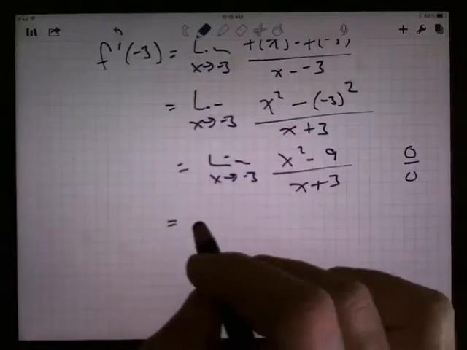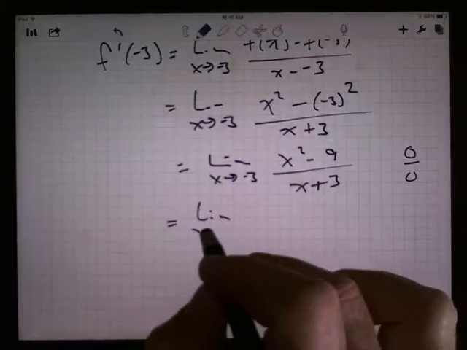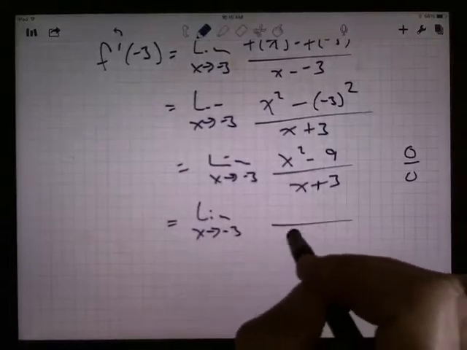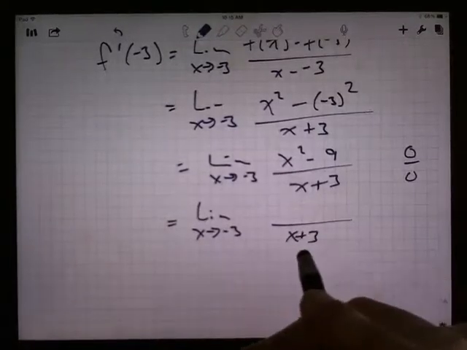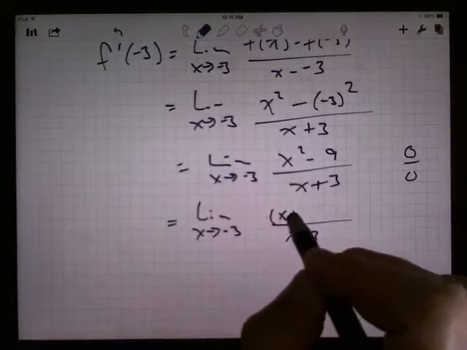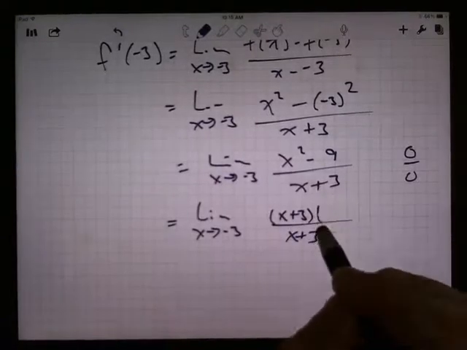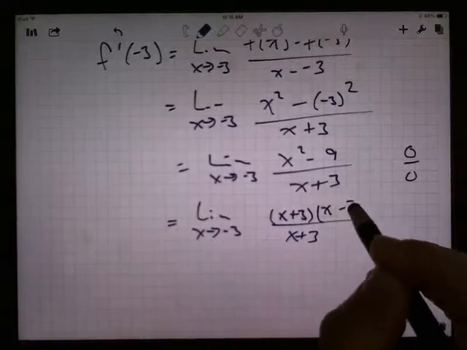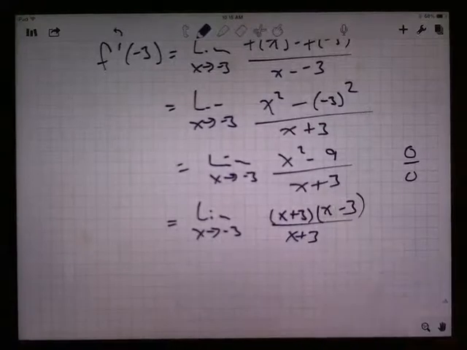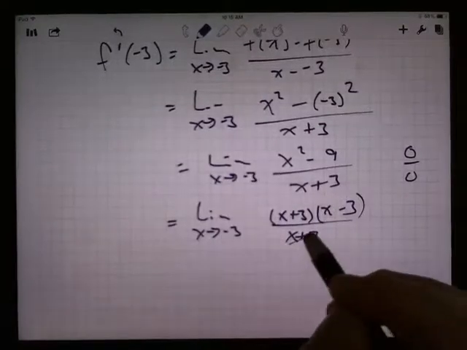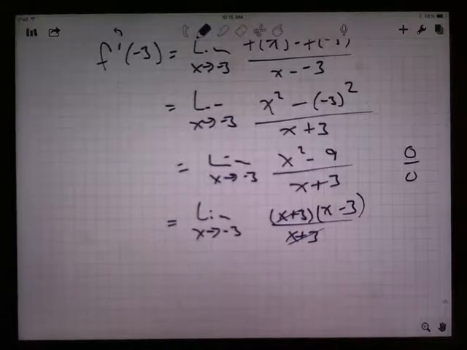So it looks like I need to do a factor and cancel here. Limit as x goes to -3. This x plus 3 I know is the thing that's causing the problem. So let me find that factor of x plus 3 on the top. It turns out I need an x minus 3 to go with it. And there's the 0 over 0 finally canceling out.